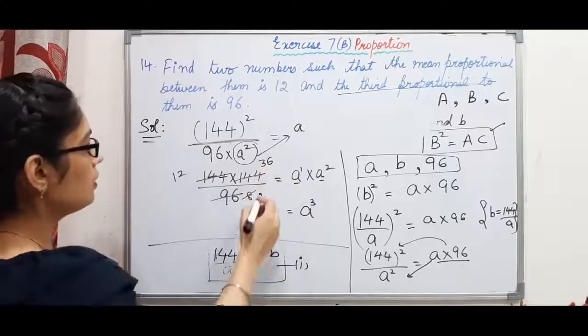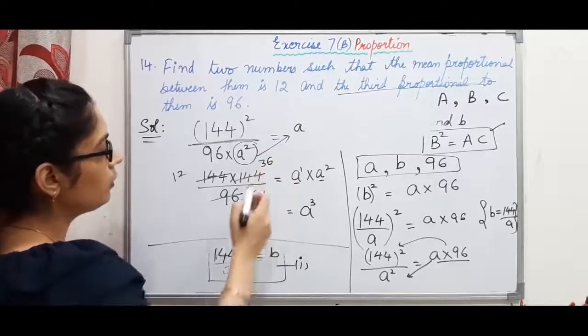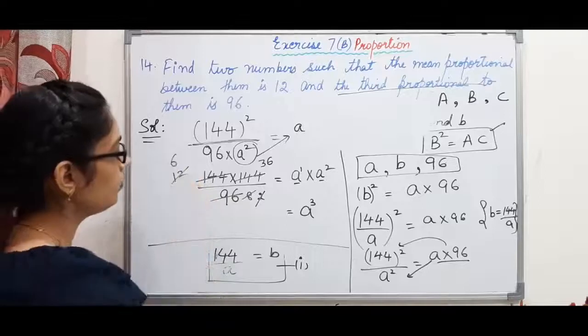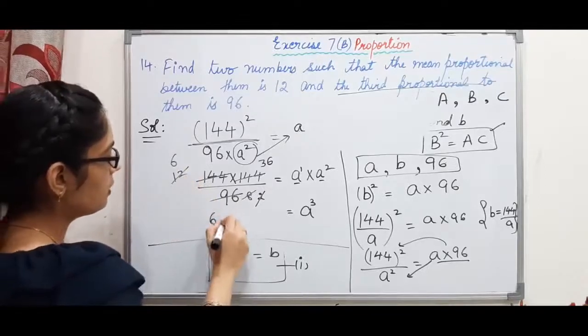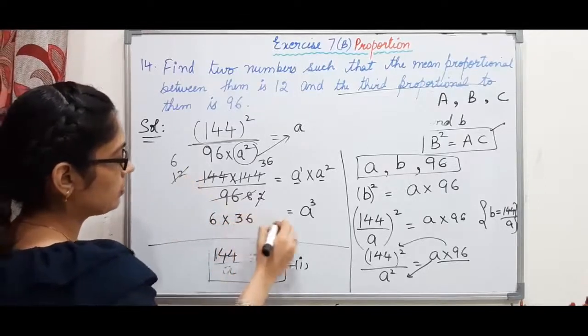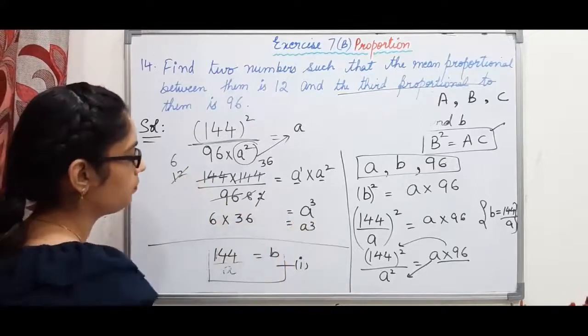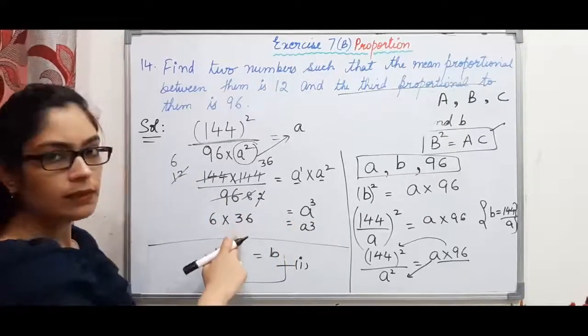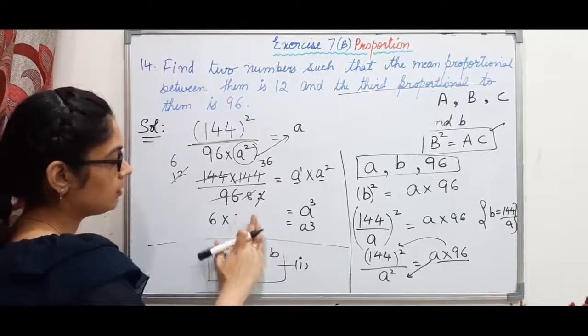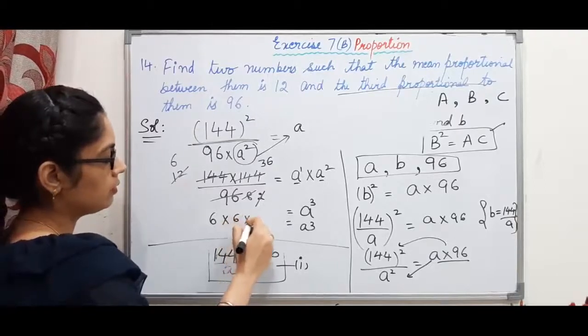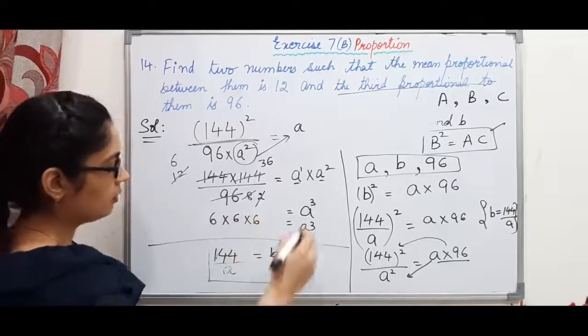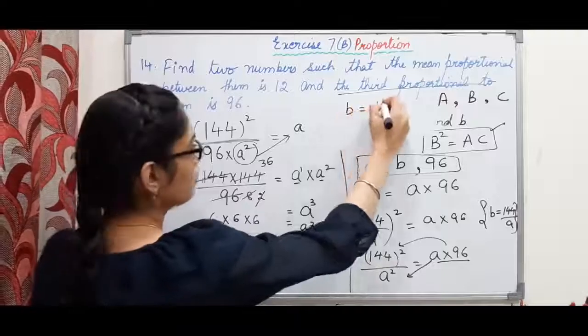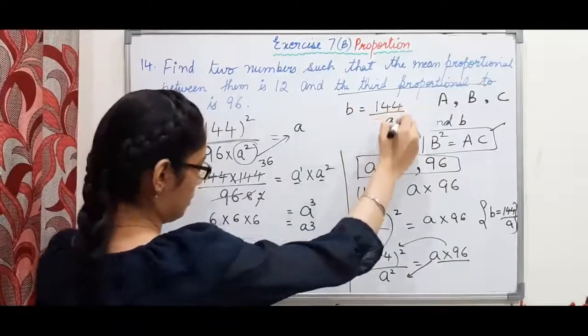So 36 we can again cancel, 2 into 6 we can do. So here I am left with 6 into 36 is equal to A cube. So 36 we can also write as 6 into 6, because we know 6 into 6 is 36.